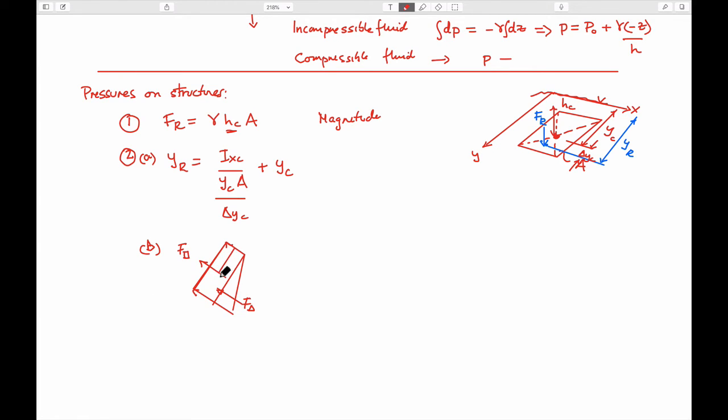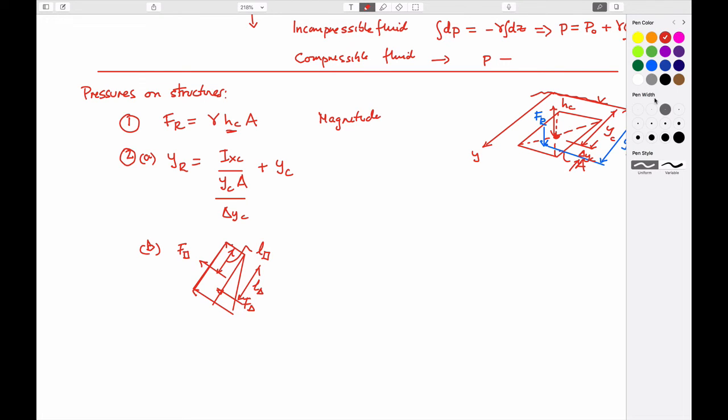If you know those lever arms, so this would be L prismatic, and this would be L for the triangle, then you can always figure out the magnitude of the resultant force, which presumably would be somewhere between these, with some kind of lever arm, L R, I guess. And you just take moments.